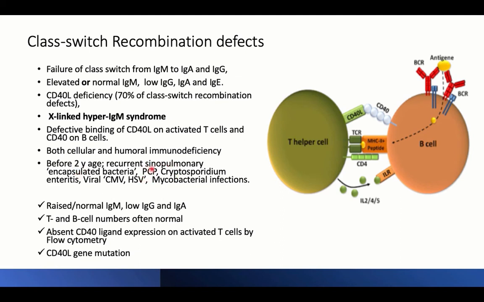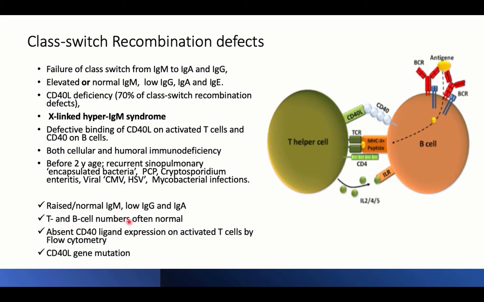Also, due to cellular deficiency, opportunistic infections with Pneumocystis jirovecii, Cryptosporidium, viruses like cytomegalovirus and herpes simplex virus, and also mycobacterial disease, all presenting recurrently in a male child before 2 years of age, with our workup showing raised or normal IgM with low other immunoglobulins, will diagnose hyper IgM syndrome.